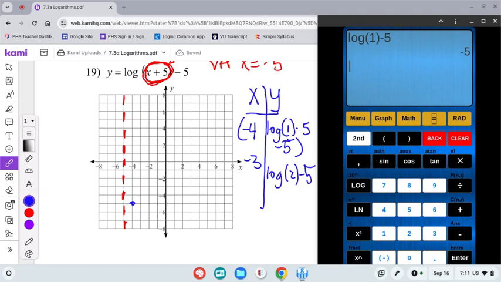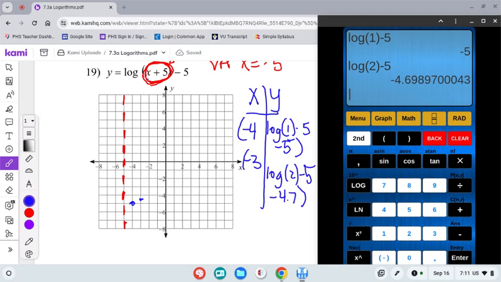Ew, that's kind of gross. It's about -4.7. So you've got the point -3 comma -4.7, going to be like right there.